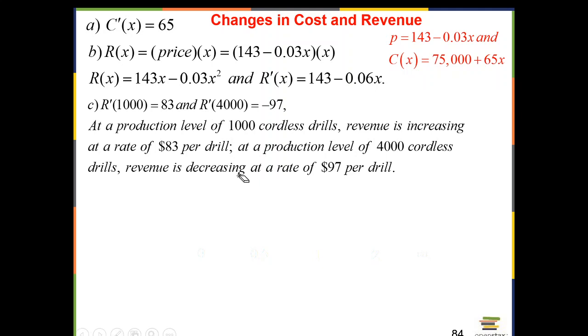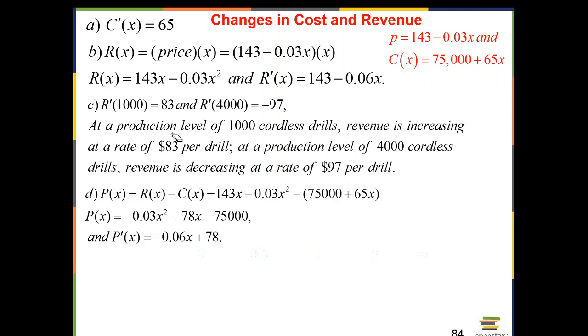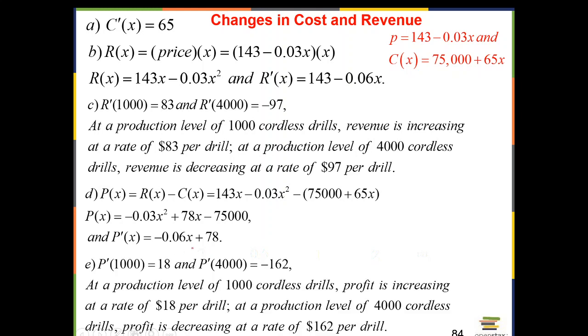All right, so D, profit. What is profit? Well, profit is revenue minus cost. So revenue minus the cost function gives you a function for profit, and take the prime of it. So that's the rate of making profit, right? Now, what is P prime at 1,000? $18. What's P prime at 4,000?